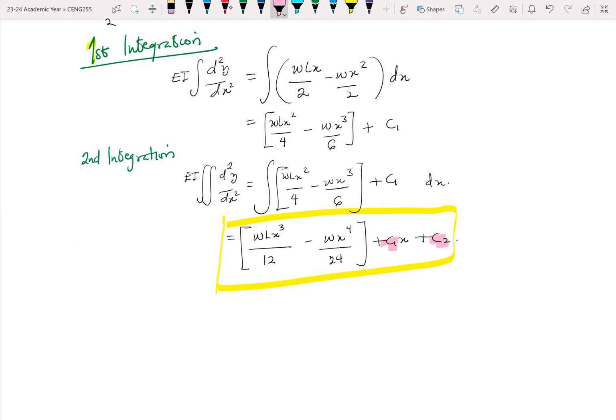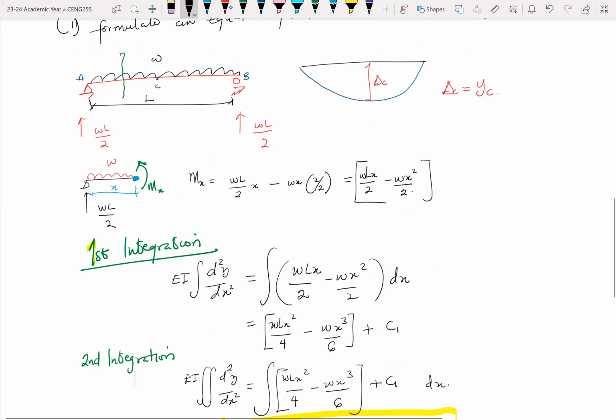To find them, you have to use the boundary conditions, which are usually quite interesting to use. The goal is to find our C1 and C2, so we go back to our diagram.